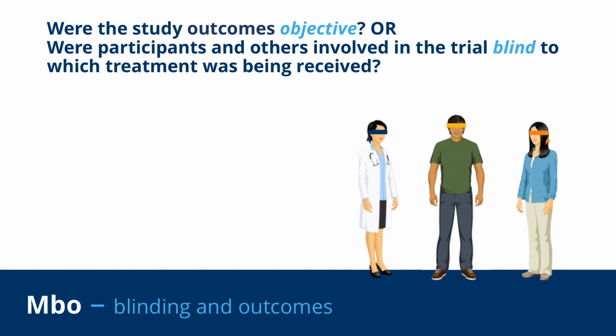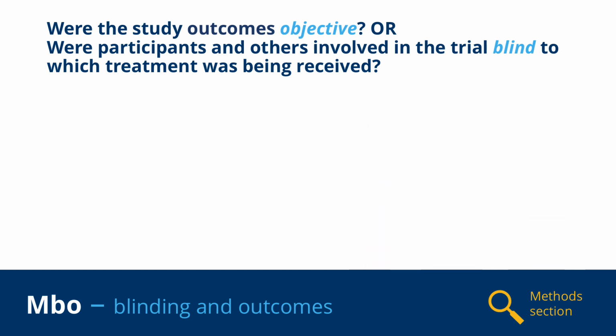Blinding helps reduce bias by ensuring that participants in the study groups are treated exactly the same in all respects during the trial. We can then be more confident that observed differences in outcomes between the study groups at the end of the trial are related to the intervention rather than to differences in the care received. You'll find information about trial outcomes and blinding in the methods section.